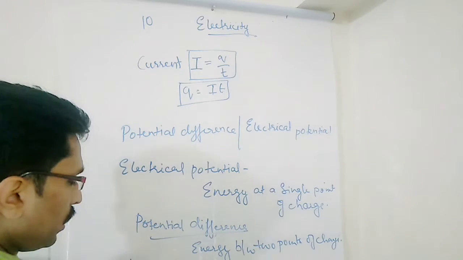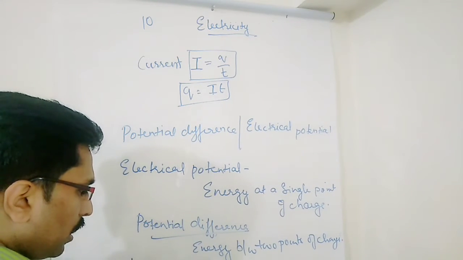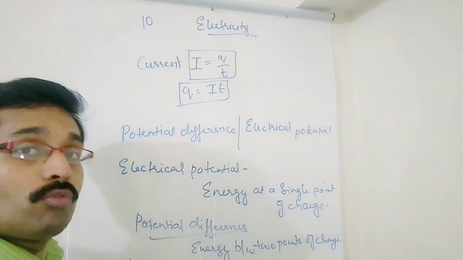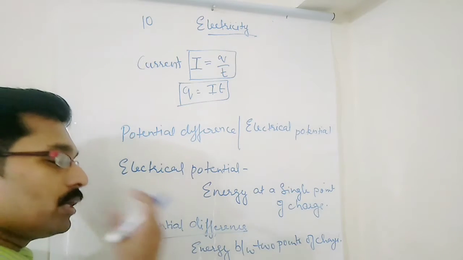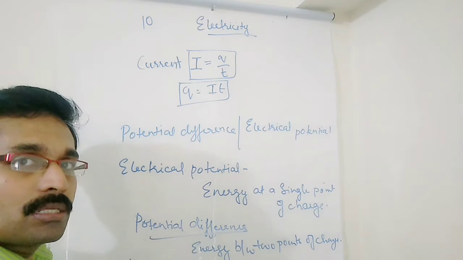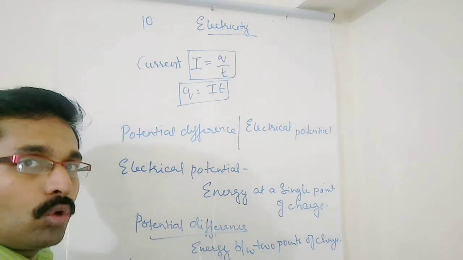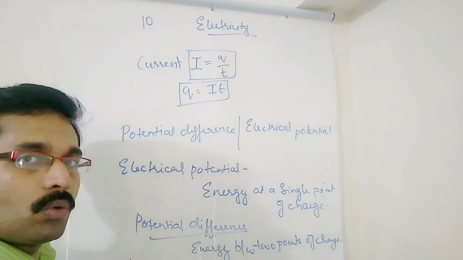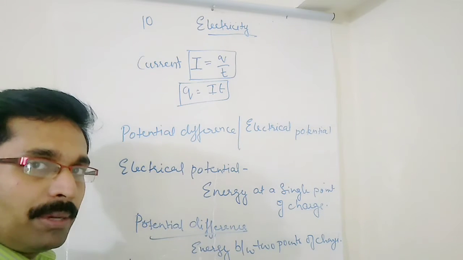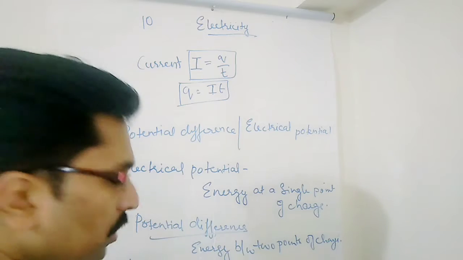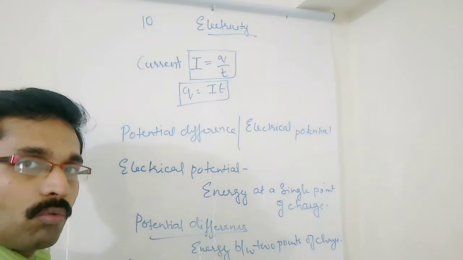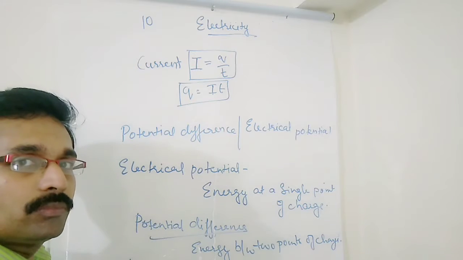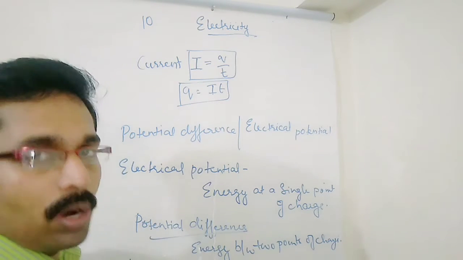in the CBSE evaluation. So P.D. implies the work done to move a charge. If I put it into a statement, 1 joule of work is said to be done when we move a charge of 1 coulomb to a distance of 1 meter in 1 second. Once again I will repeat, it is the amount of work done to move a charge of 1 coulomb to a distance of 1 meter in 1 second.